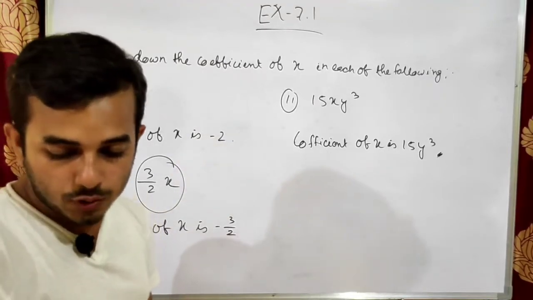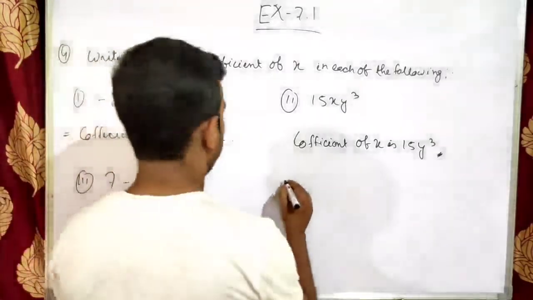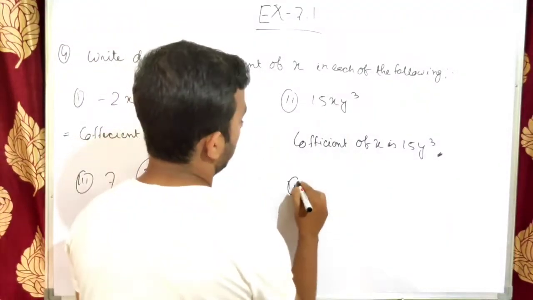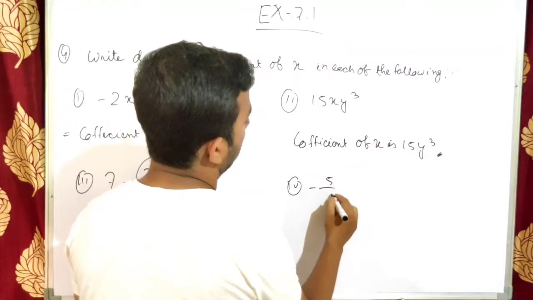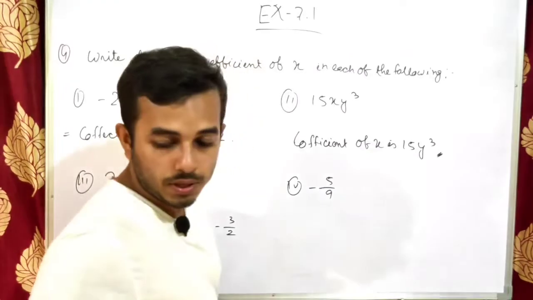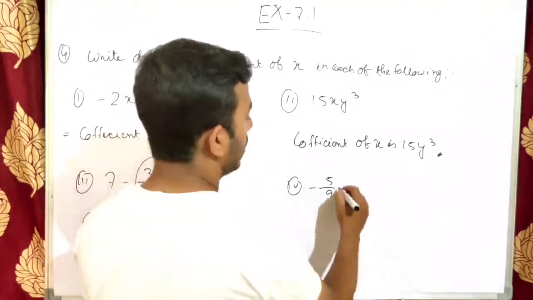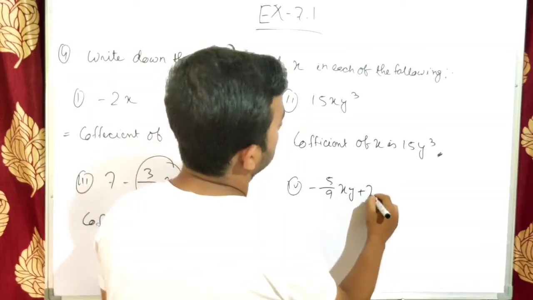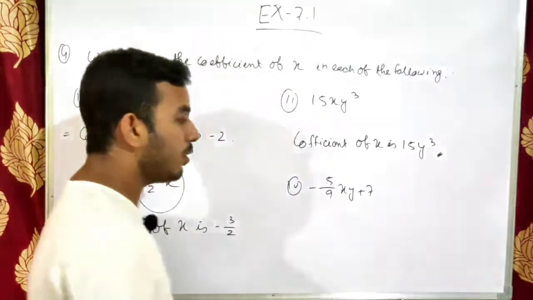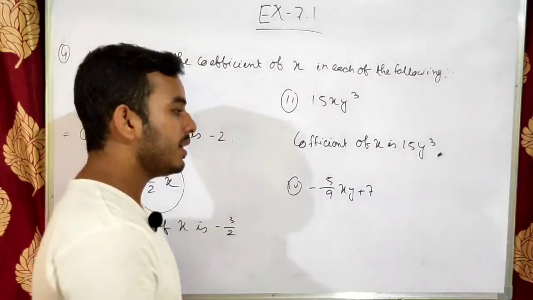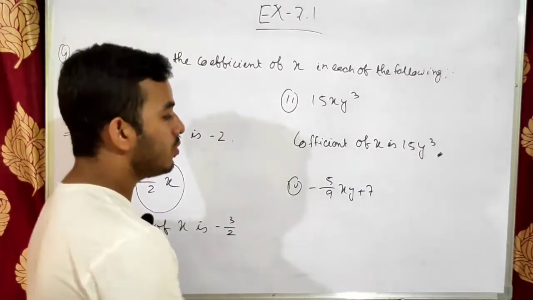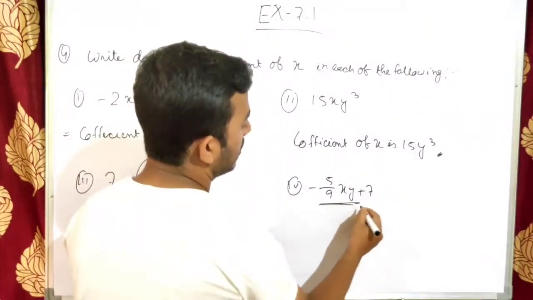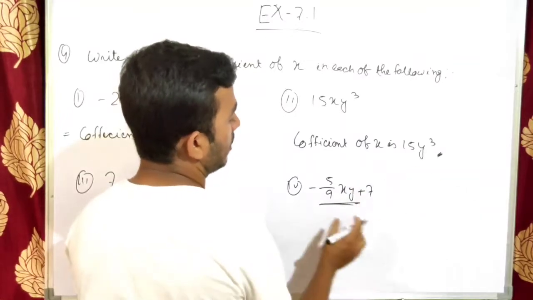The next one is minus 5 by 9 xy plus 7. Let me try another one. What will be the coefficient of x? It will be minus 5 by 9 y, because x is in this term, so we are not bothering about the other term.